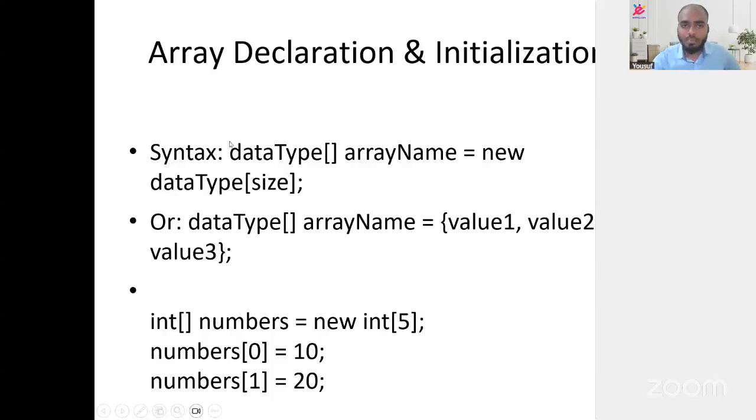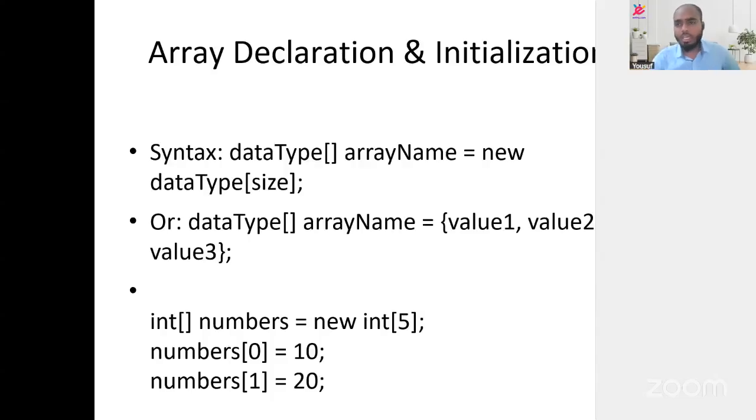I can say float, then open and close bracket, marks equals new float of size, maybe 5 subjects, so I'll give 5. With the help of this, I'll be able to declare and initialize a particular array.